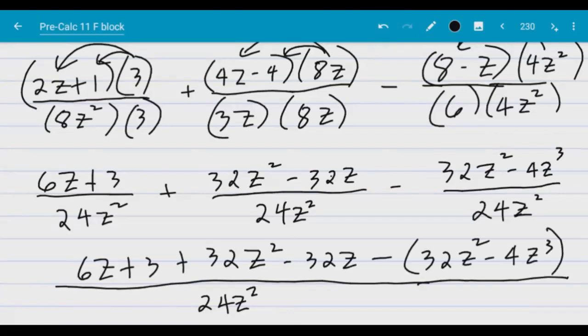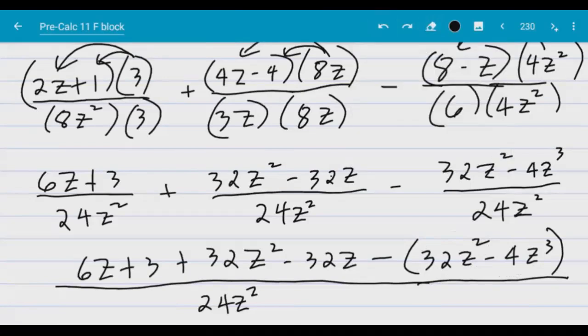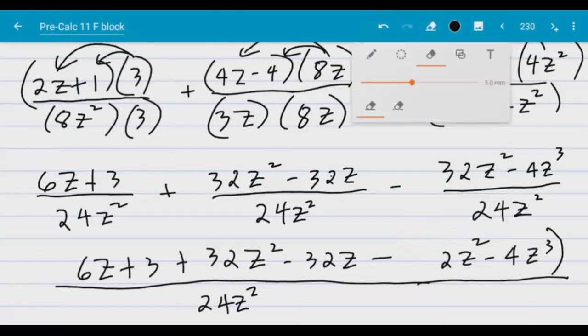I just wanted to cut down on steps, so take note that I put a bracket. If I want to remove the bracket, this becomes a negative, and this becomes a positive. So let's remove the bracket now. This one is removed, so that is a 3.